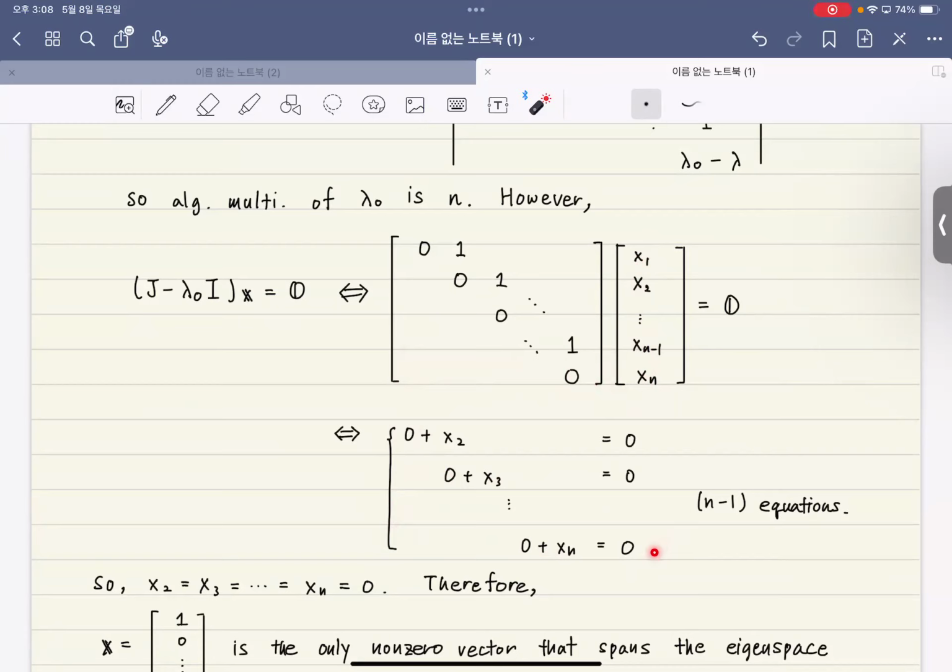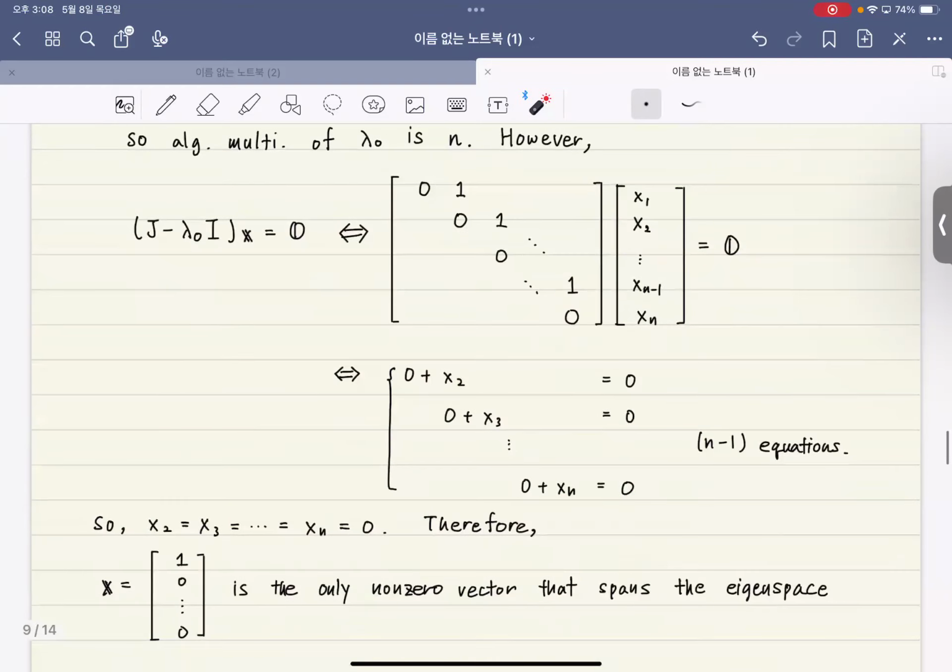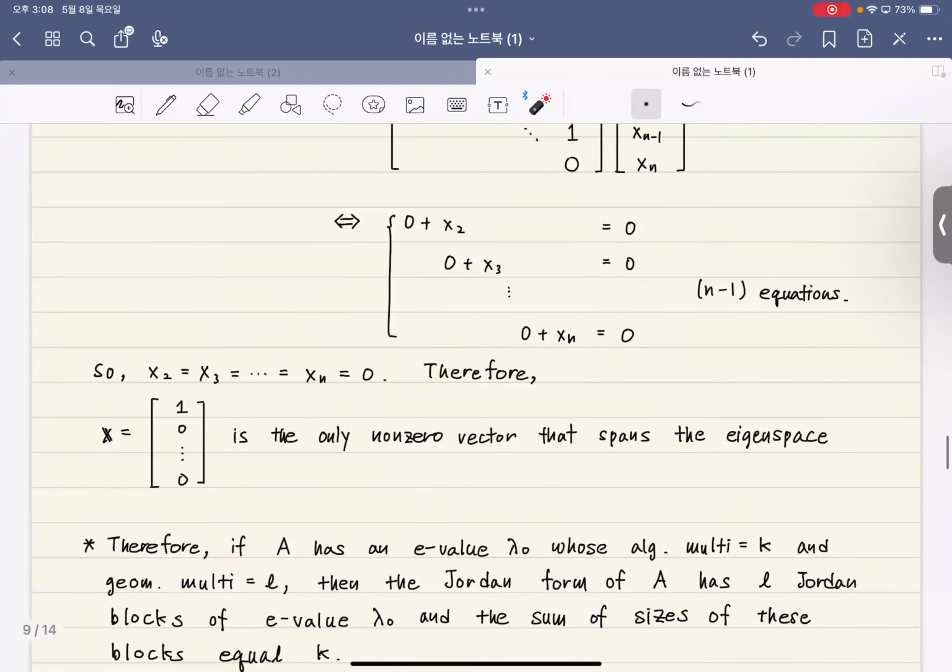I have only n minus 1 equations: x2 equals 0, x3 equals 0, up to xn equals 0. Therefore, there is only one nonzero vector that spans the entire eigenspace of lambda 0. For this reason, the eigenspace has dimension 1, so the geometric multiplicity is 1.